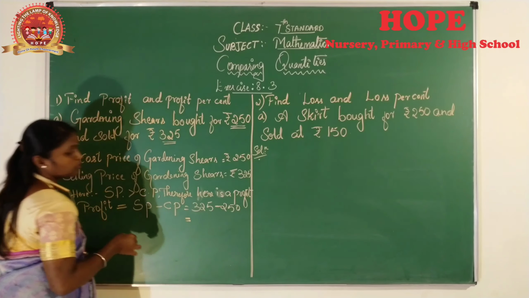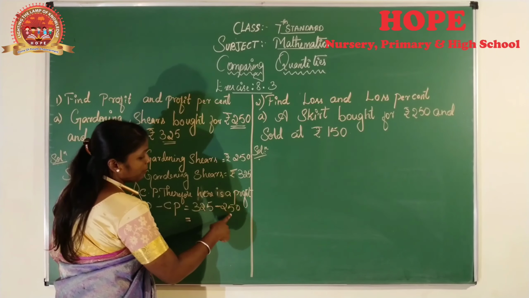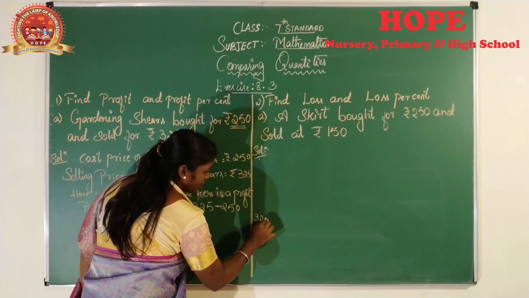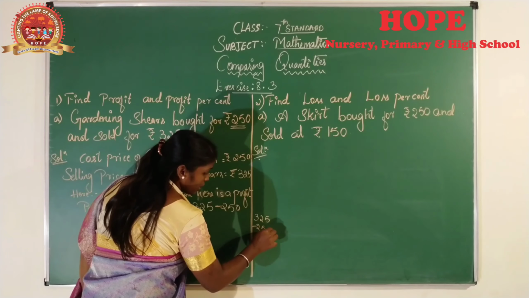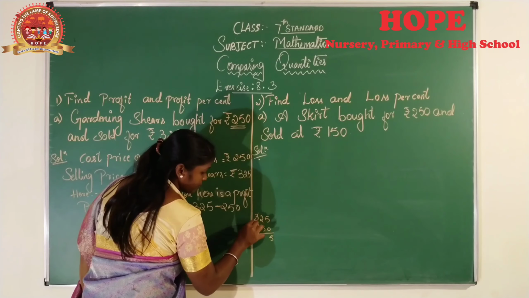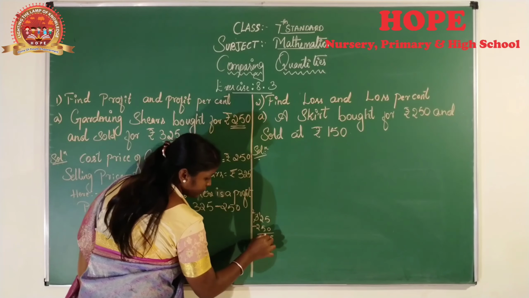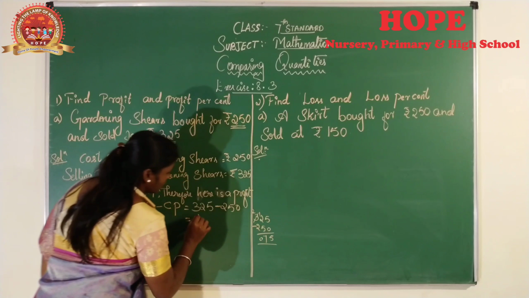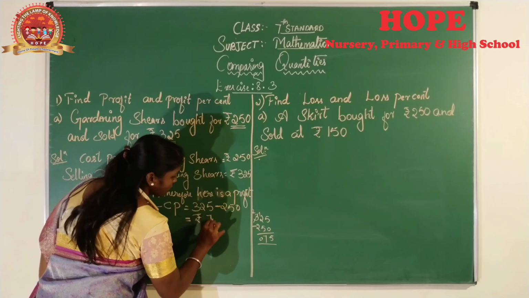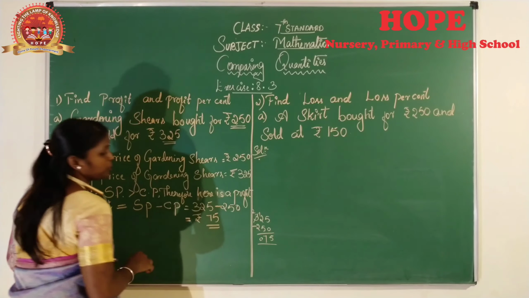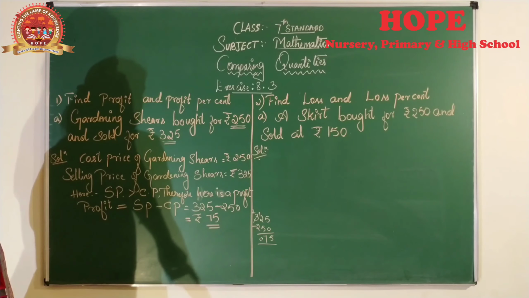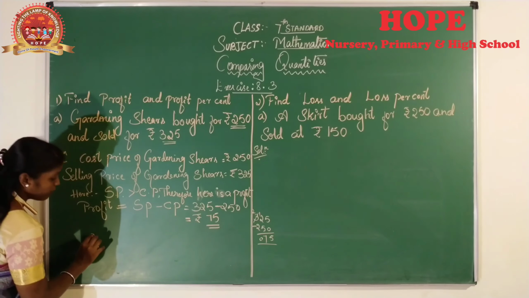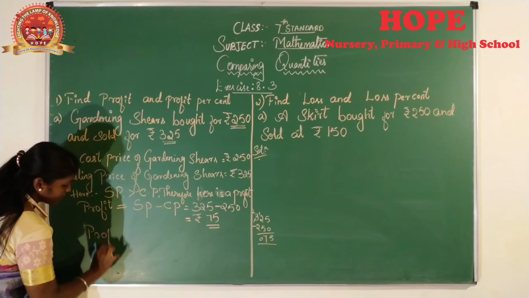So that will be equal to 325 minus 250, that is a profit of rupees 75. We have got 75 rupees profit here. Now we have to find the profit percentage.